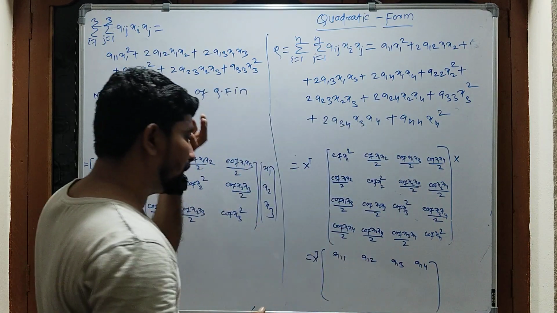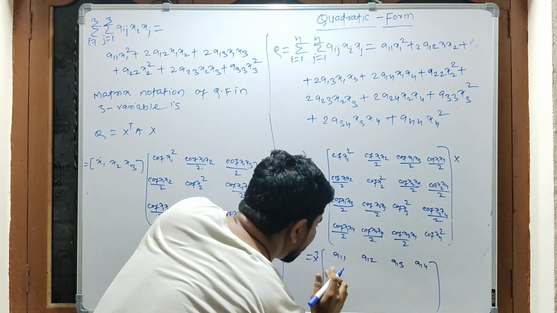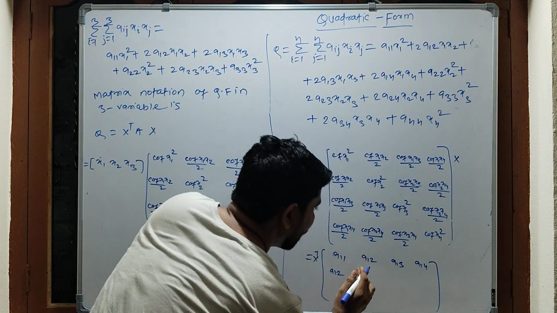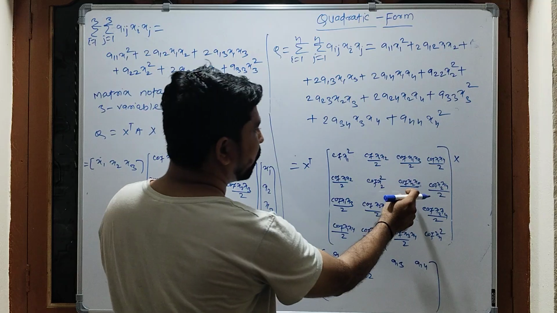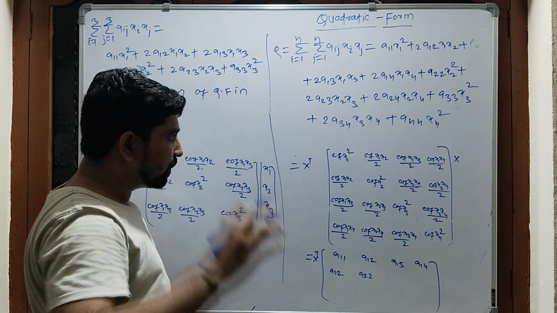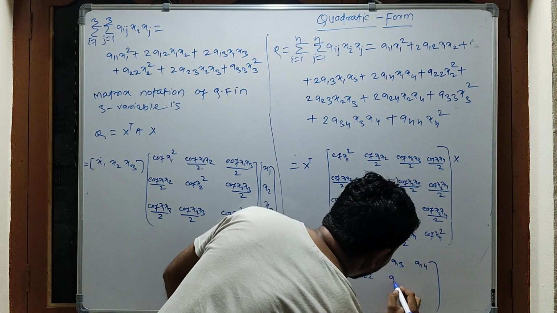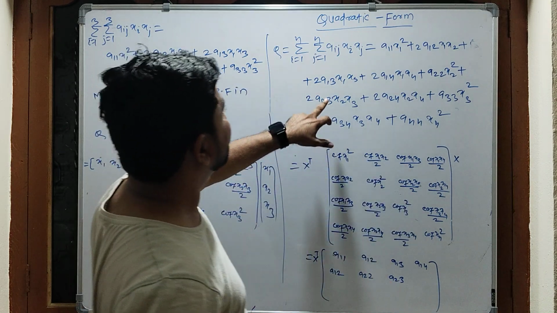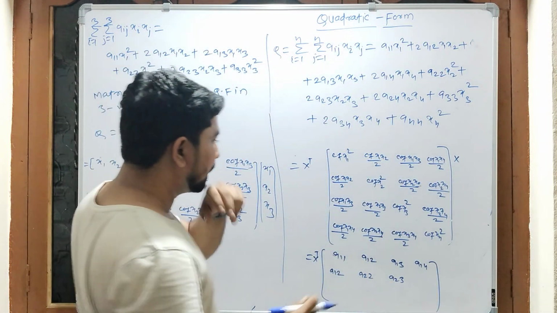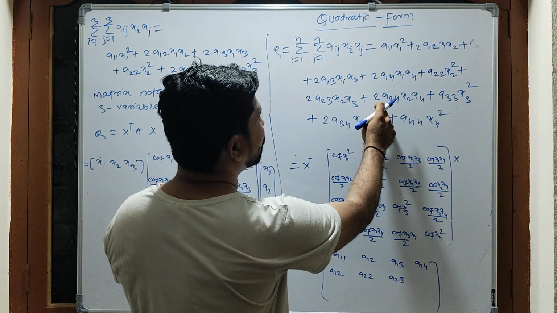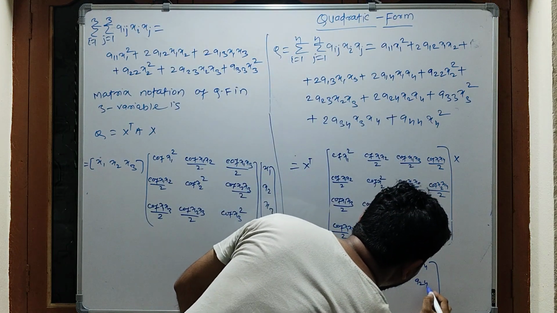Here a12 is the same as a21, right? This is a22, the coefficient of x2 square. Here this is a23, since 2 times a23 divided by 2 is a23. This is a24, since 2 times a24 divided by 2 is a24.